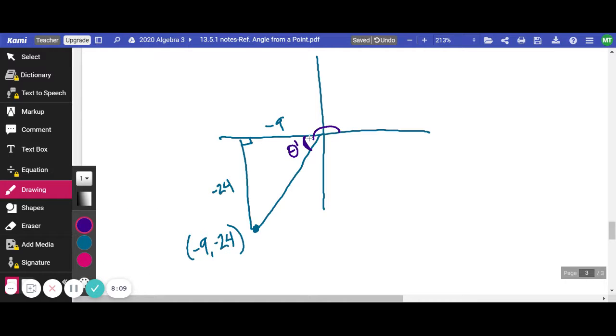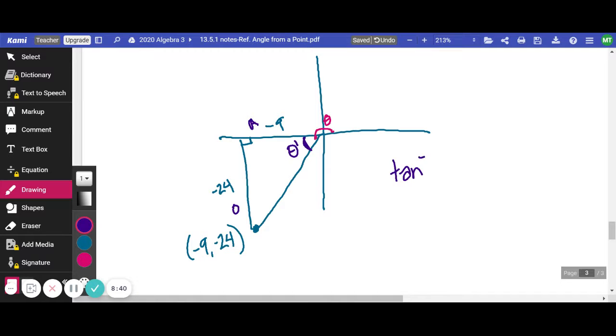This is my theta. Okay, so our first job is to find theta prime. This is my opposite, this is my adjacent.